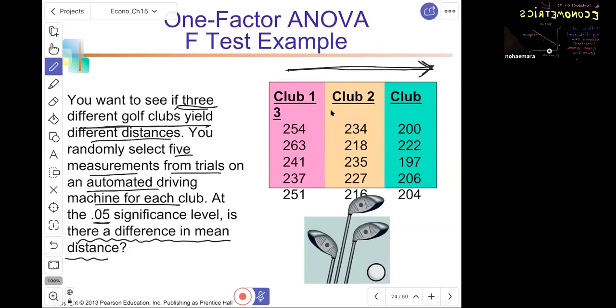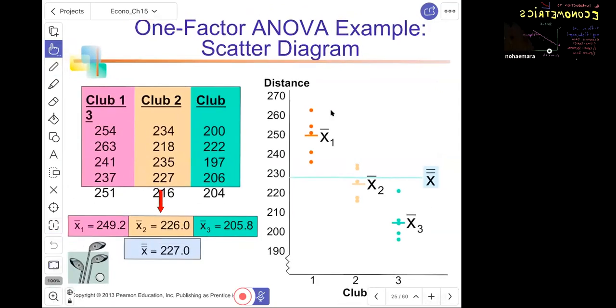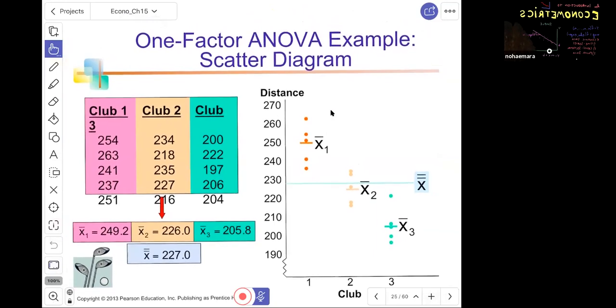I just want you to notice that this table should really be longer. So, not to get confused, these numbers are not a total or something. We have 1, 2, 3, 4, 5 measurements from each group. What we need to do now, the number one thing, is compute an average for each club, and this is what we call the within.